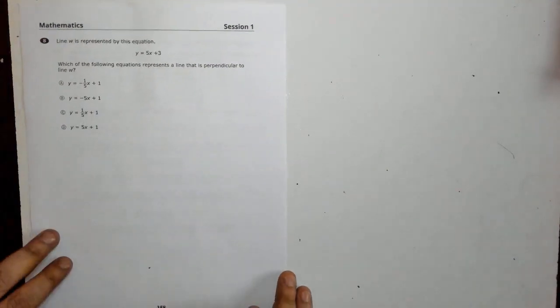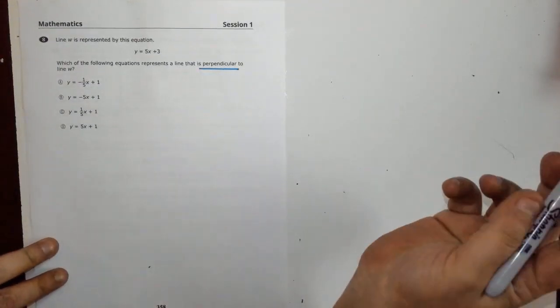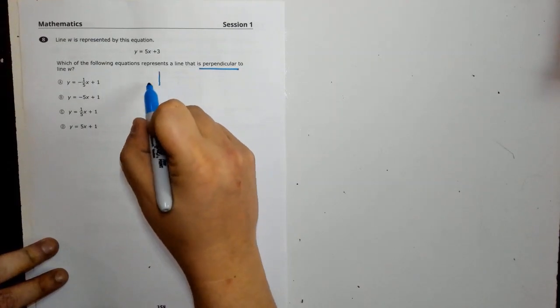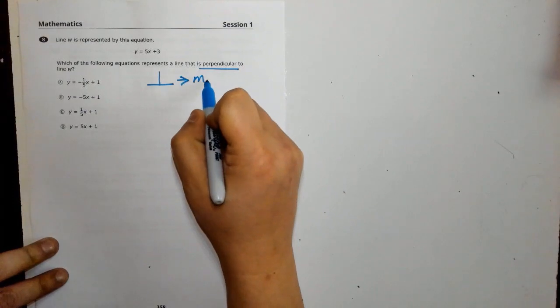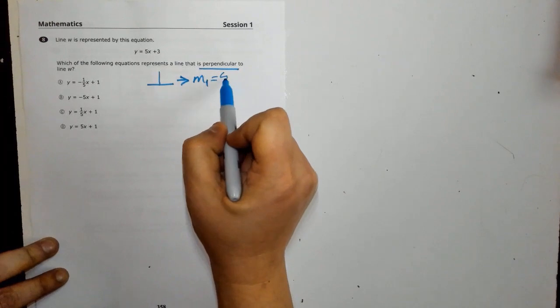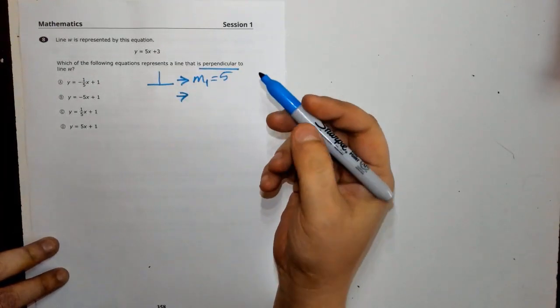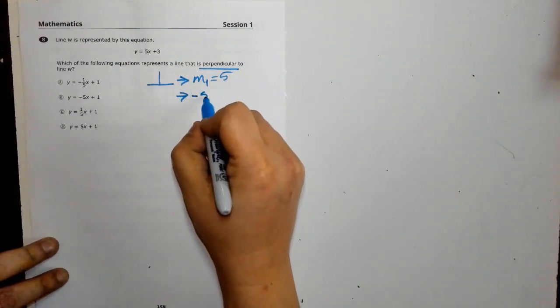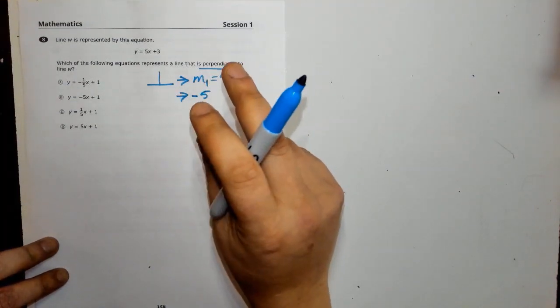Alright, next question, number 8. It's giving me an equation of a line and asking which equation represents the perpendicular line. Perpendicular means the slope of my first one, which is 5, becomes the negative reciprocal, which means opposite and flipped.